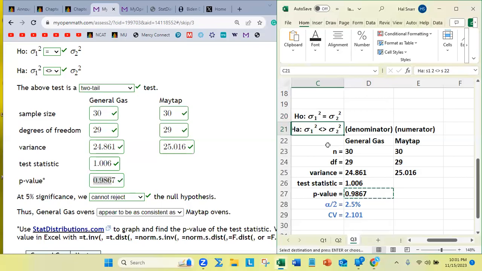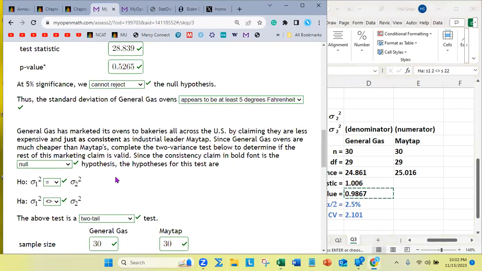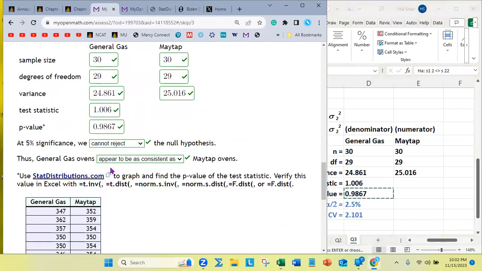It's either less consistent or more consistent, right? All right, see if we get it right. Okay, so the evidence is suggesting that they appear to be as consistent.